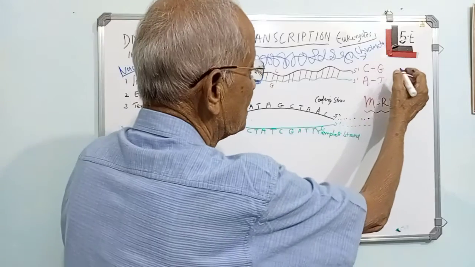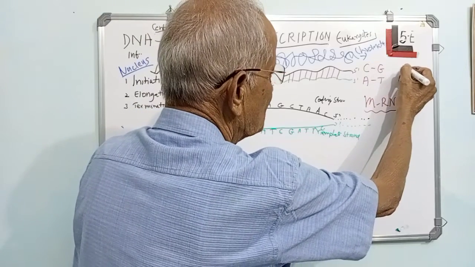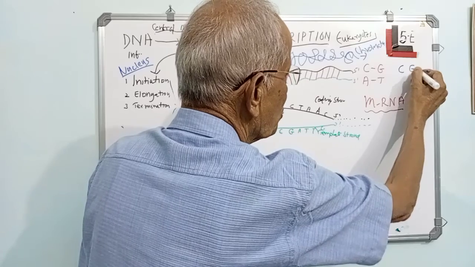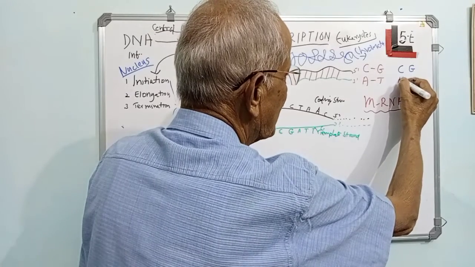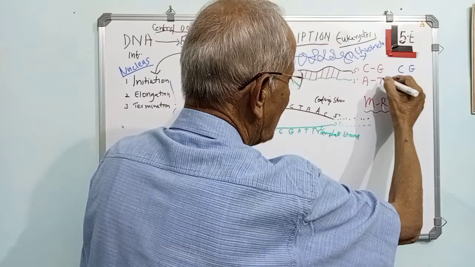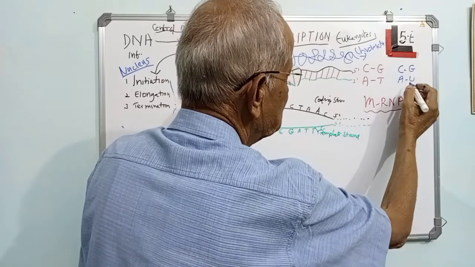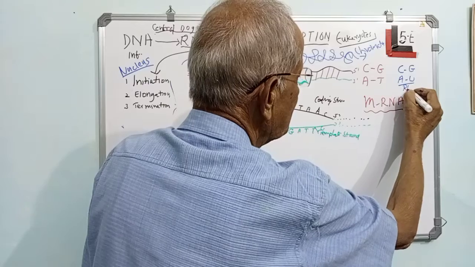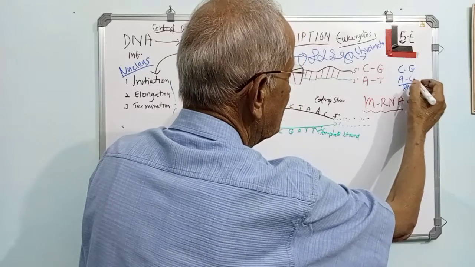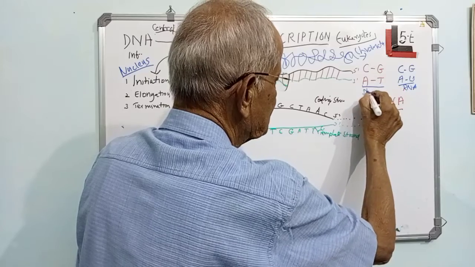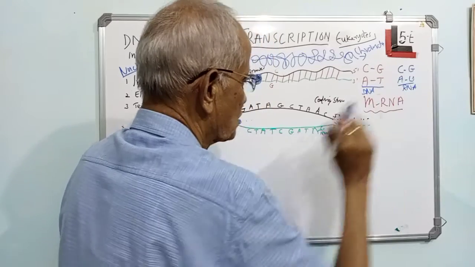Now in the RNA, cytosine is there, guanine is there, adenine is there. Instead of thymine, there will be uracil. So this is the RNA bases, and this will be the DNA bases. This you should remember.